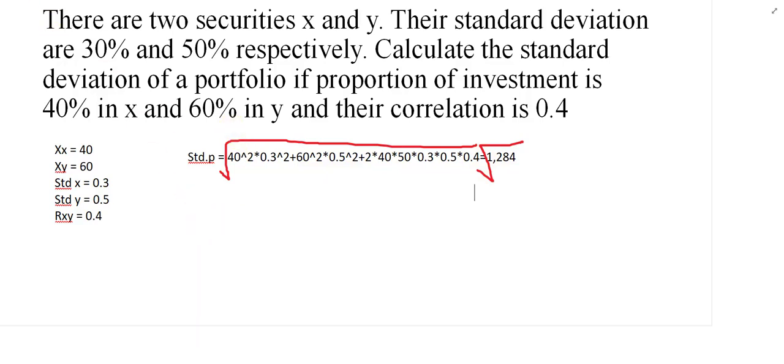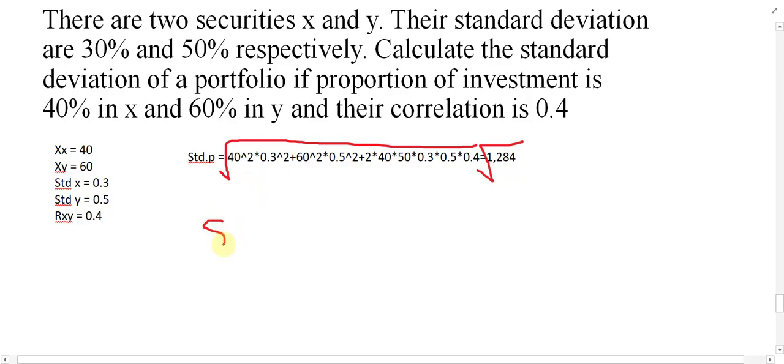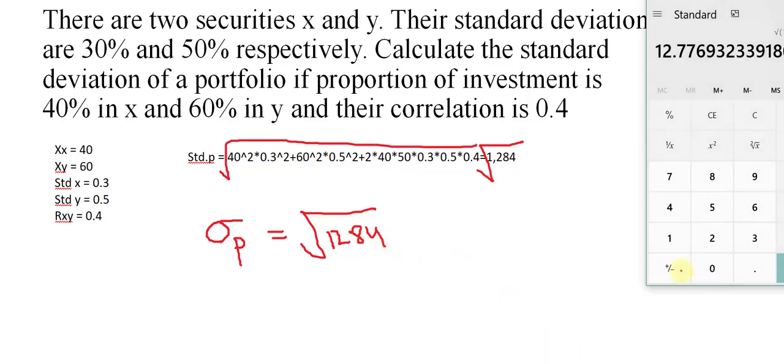So simply we can mention standard deviation of P is equal to root 2 of 1284, right? So how can we do this one? Let us calculate with the calculator itself. 1284 root of 2, right?